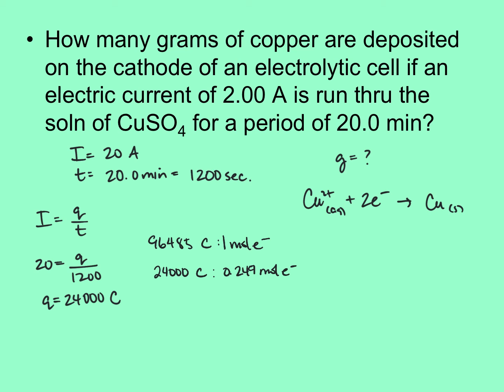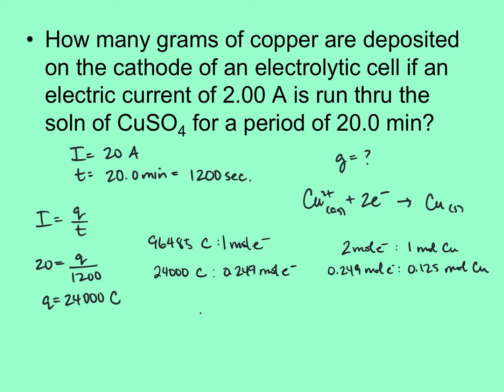The next step: if you look at the half reaction, for every 2 moles of electrons, you have 1 mole of Cu. So if you have 0.249 mole of electrons, we divide that number by 2, and that gives you about 0.125 moles of Cu.